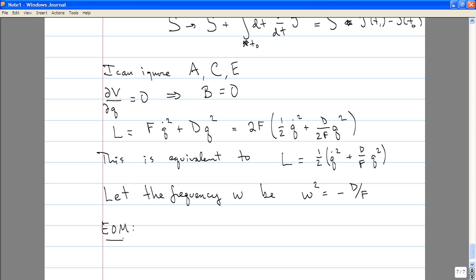And then we subtract the derivative of the Lagrangian with respect to q, and set that equal to 0. Or, with our definition of omega squared, that is q double dot plus omega squared q is equal to 0.